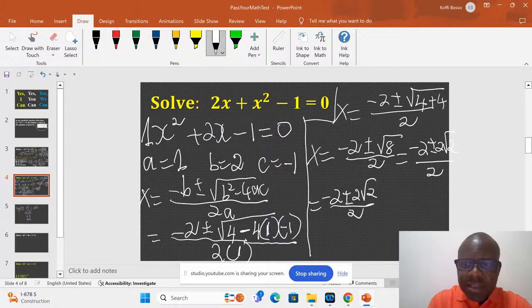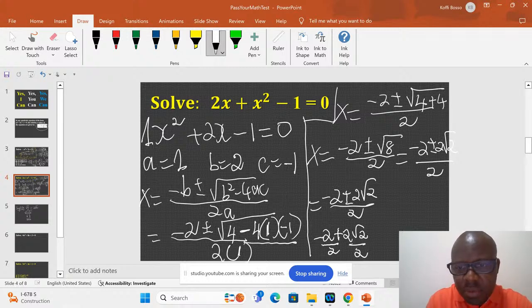I'm going to have, again, two solutions. One will be negative 2 plus 2 square root of 2, divided by 2. That divided by 2 means we divide everything by 2. The other one will be negative 2 minus 2 square root of 2, everything divided by 2.